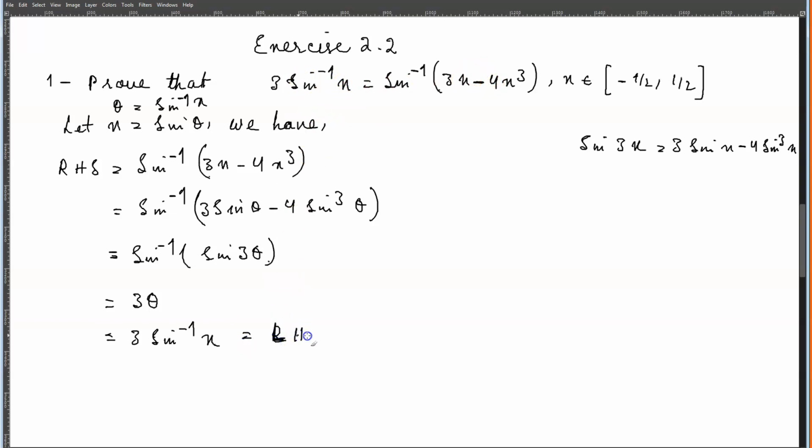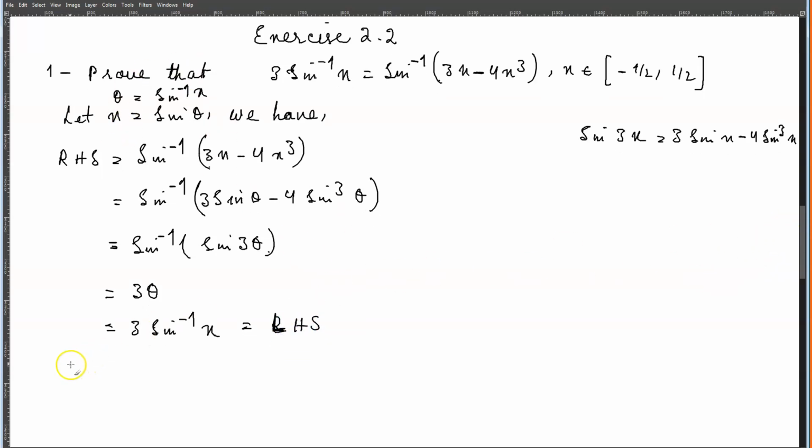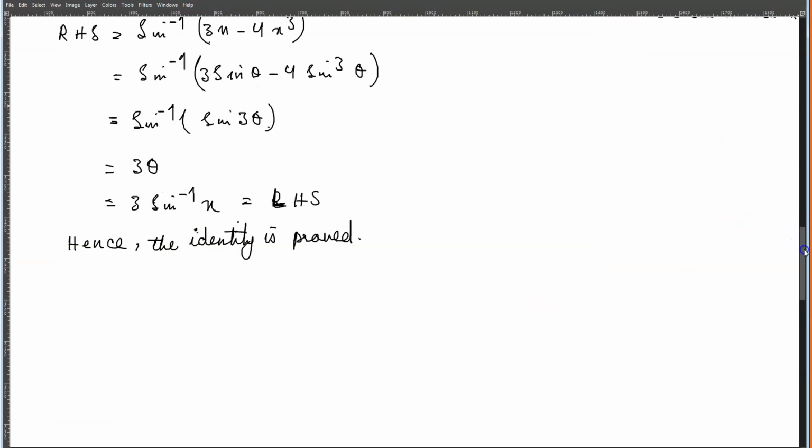That is your LHS. And so hence the identity is proved. Okay.